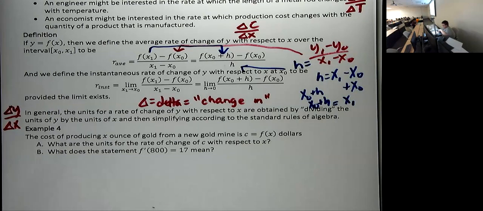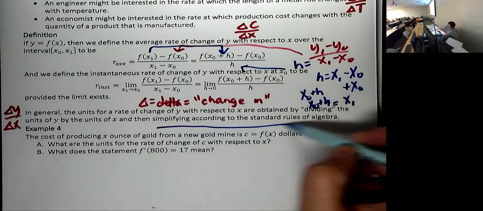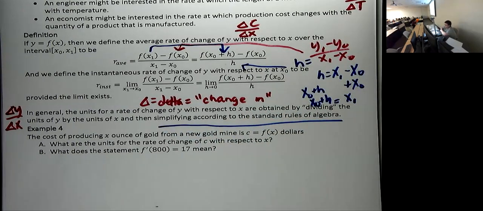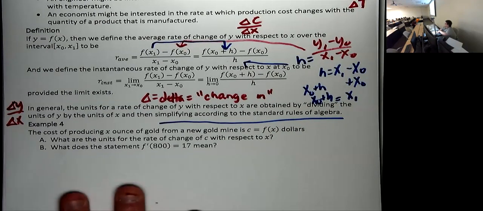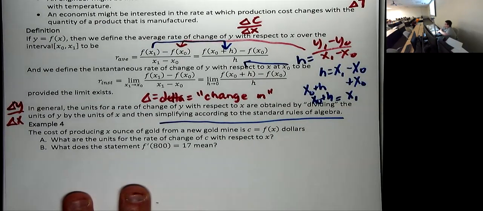And like it says, we still want to simplify according to our regular old algebra principles. We're going to look at an example. We're not going to walk through it. We're not going to do the math. Just going to talk about what this change in means. So our example, is everyone ready to do the example? Or is anyone still writing above the example? If you're still writing above the example, please keep going.